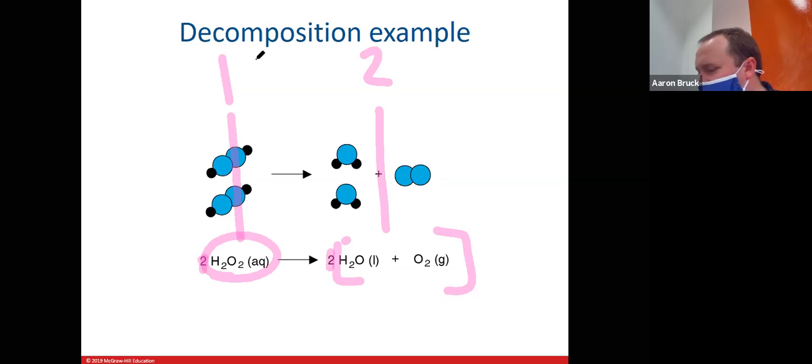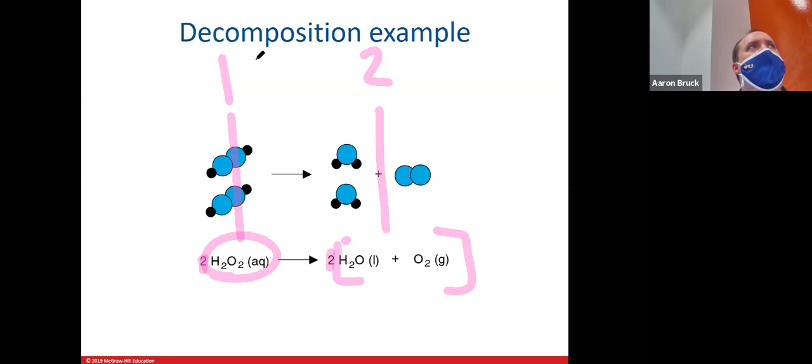So Monday's virtual section, we are going to be doing the rest of this chapter. And the rest of this chapter is going to focus on replacement reactions and identifying markers, predicting precipitates, and other ways of showing that a chemical reaction is taking place in those kinds of replacement reactions.